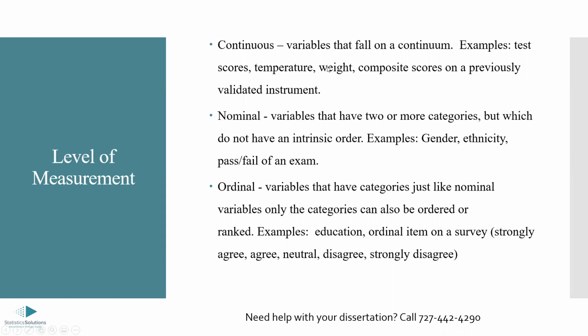So the continuous variable, it has the word continuous, and that's synonymous with a variable that falls on a continuum. So it has a range of values. And examples of this include test scores, temperature, weight, BMI, height, and also composite scores on a previously validated instrument.